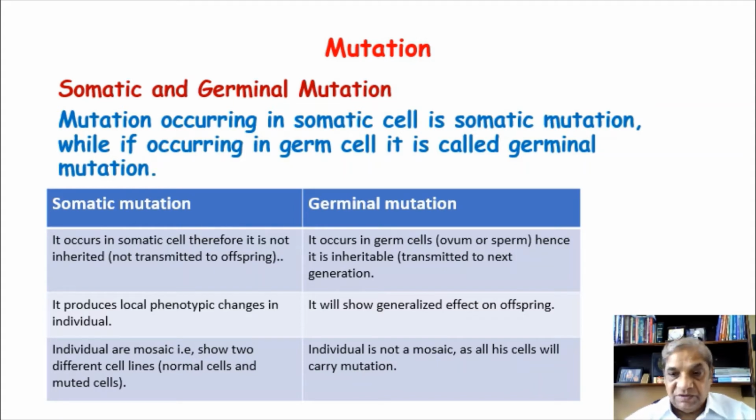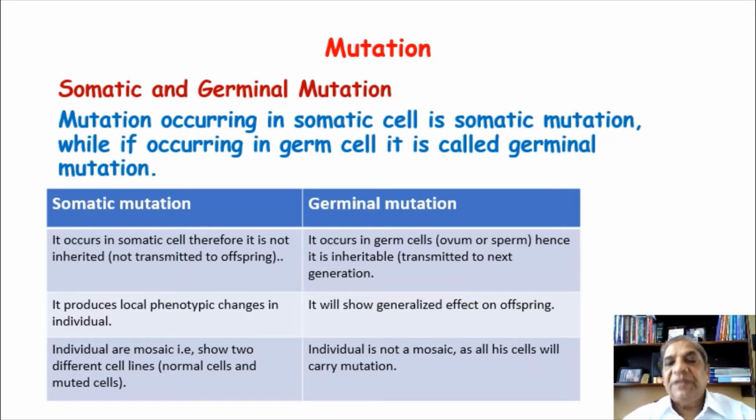But in the case of germinal mutation, since it is a mutation in the gene in the sperm or the ovum, after fertilization a new individual will develop, and all the billions of cells and the body of that newborn child will have the effect everywhere.